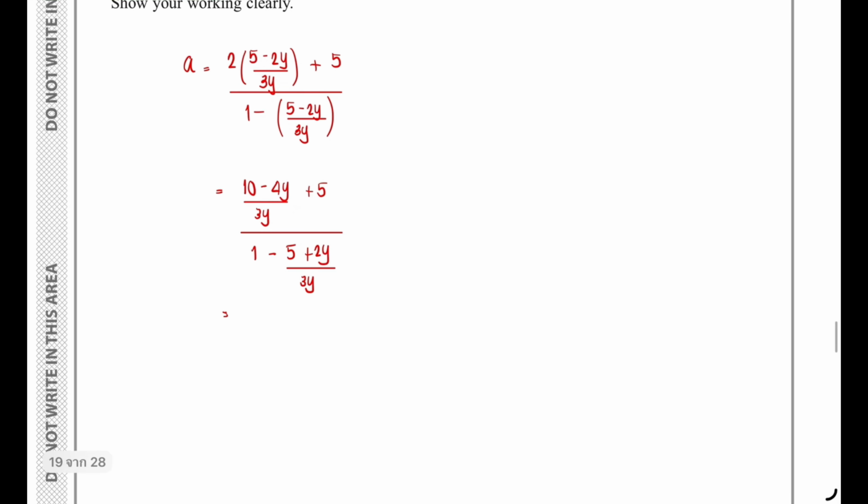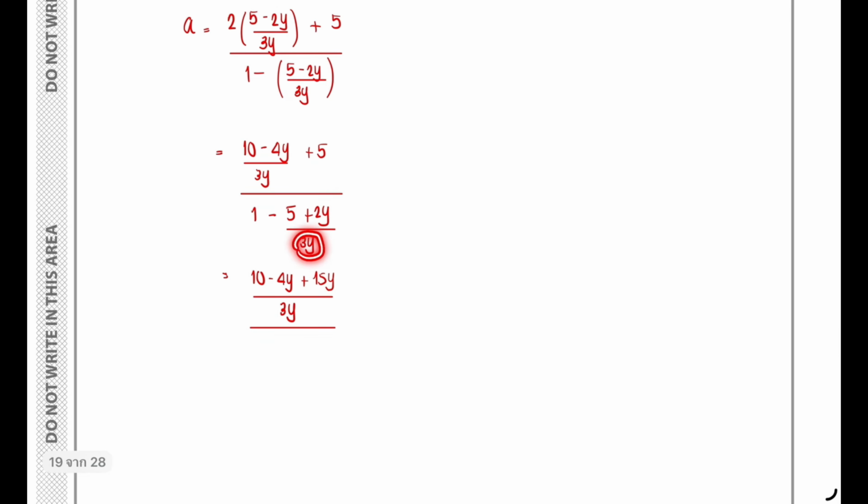And then I will multiply 3y with 5 because the denominator of this one is 1, right? So it will be (10 minus 4y plus 15y) over 3y, divided by, same thing here, I will multiply 3y with 1, so it will become (3y minus 5 plus 2y) over 3y.